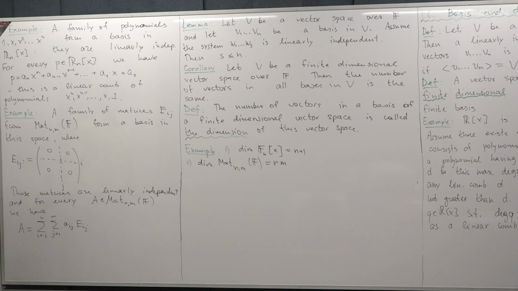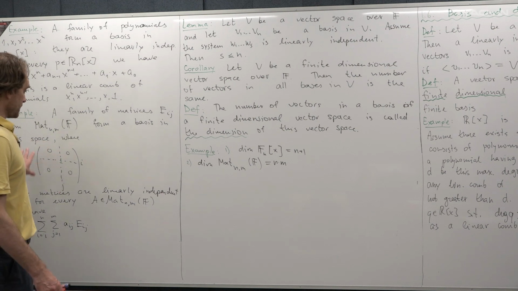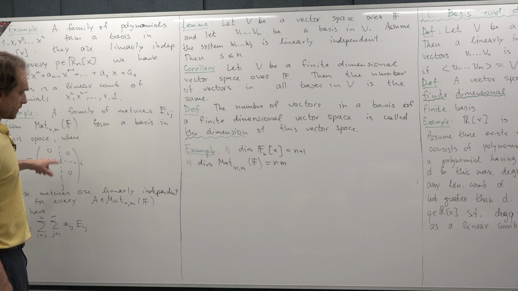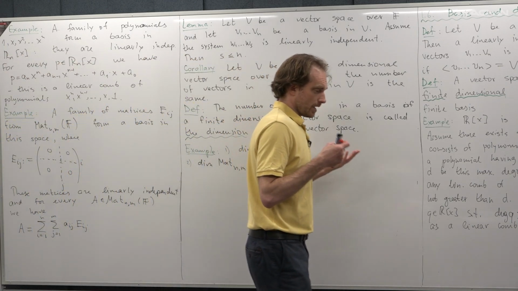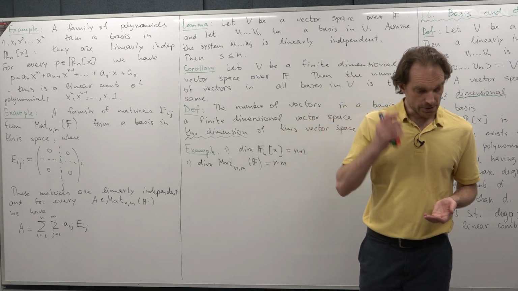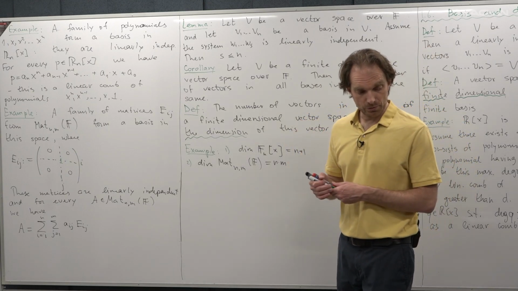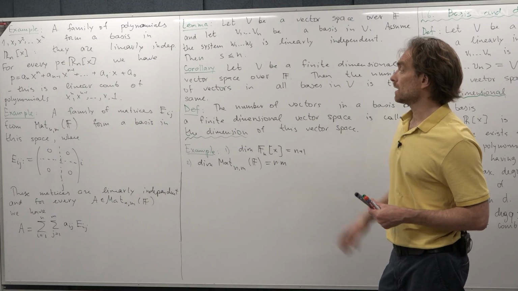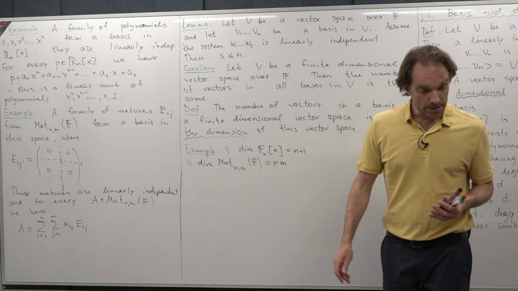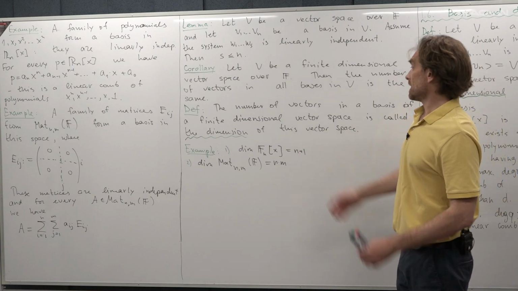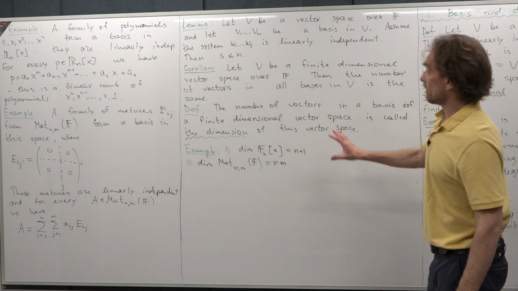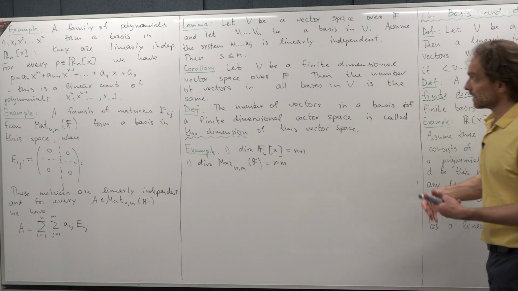So we have n by m matrices of this kind, in which we have just one at some position, and there are n by m different positions where we can put a 1. And so this gives us two examples of finite dimensional spaces.